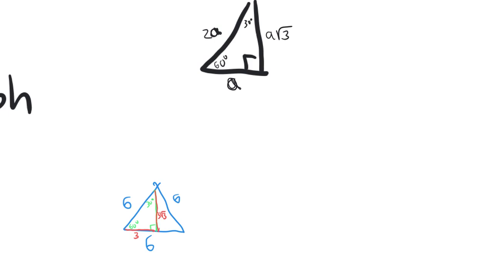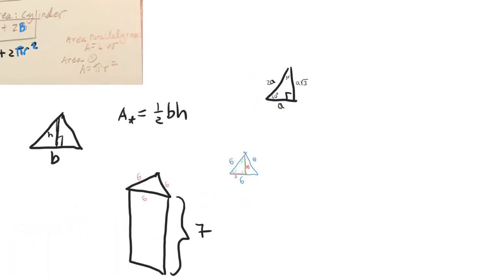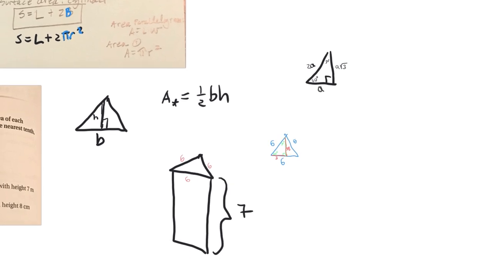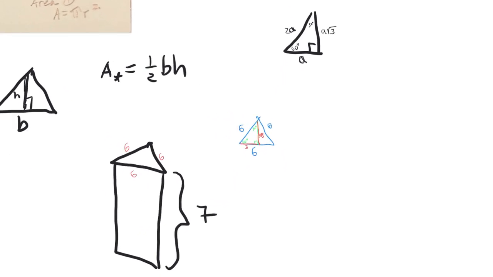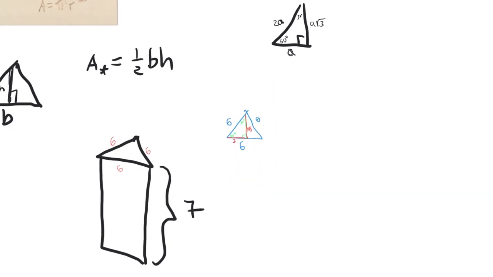So now we have the height of the triangle, which enables us to figure out the area of the triangle, because in order to find the area of a triangle, we need 1/2 base times height. So we're now looking at the area here. It's going to be 1/2 the base, which we already know is 6, times the height, which we now know is 3 radical 3. That's going to end up being 9 radical 3, and that's the area of the base.